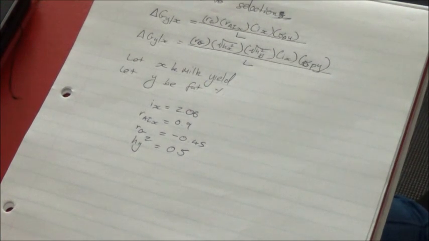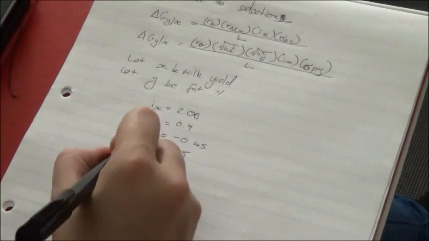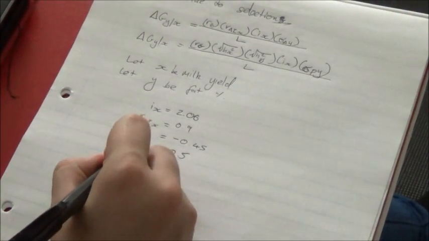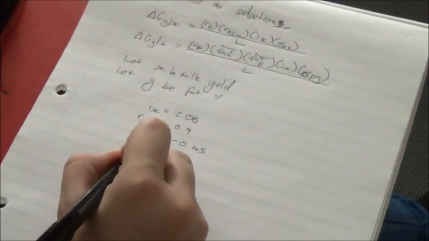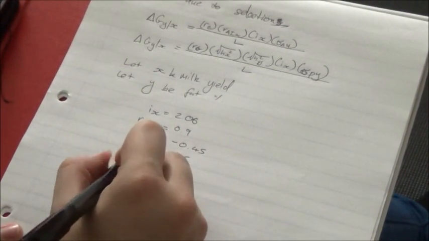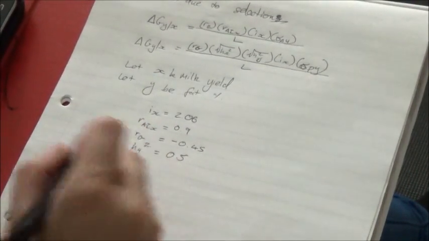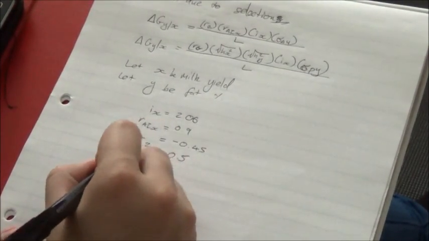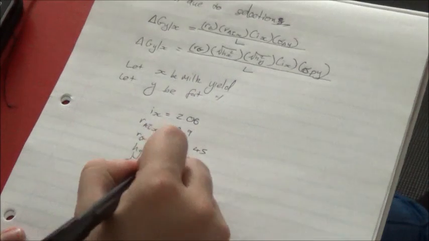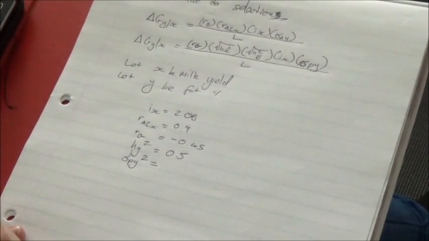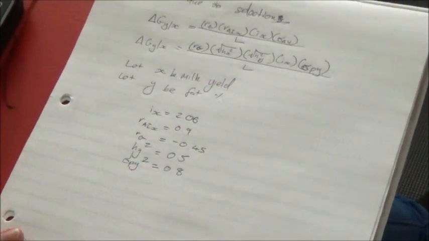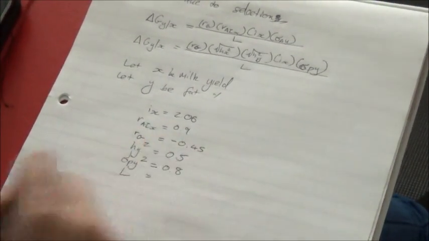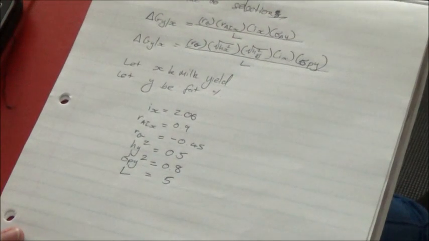And the phenotypic variance for fat percentage, which is Y. Remember, because it's variance, it's squared, then that value is our 0.8. And it gives us a generation interval of 5 years.